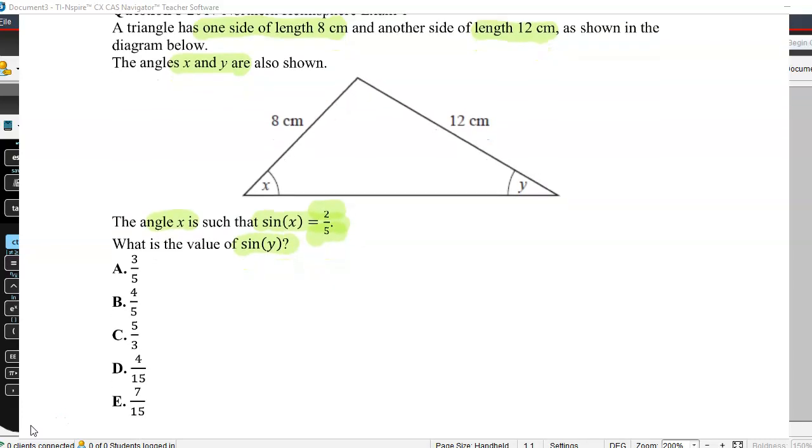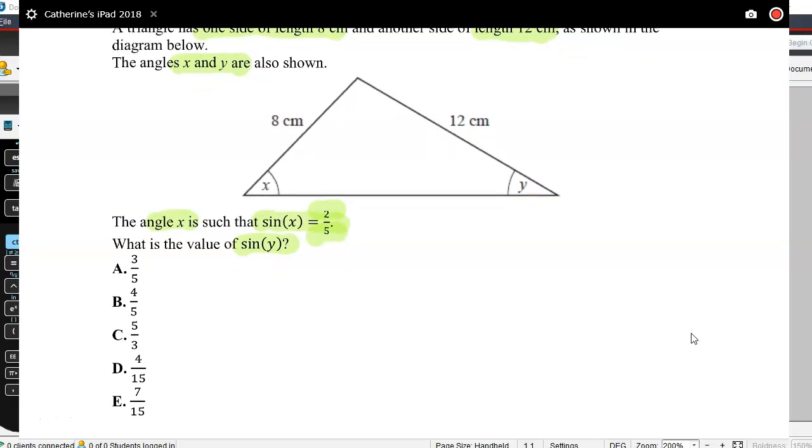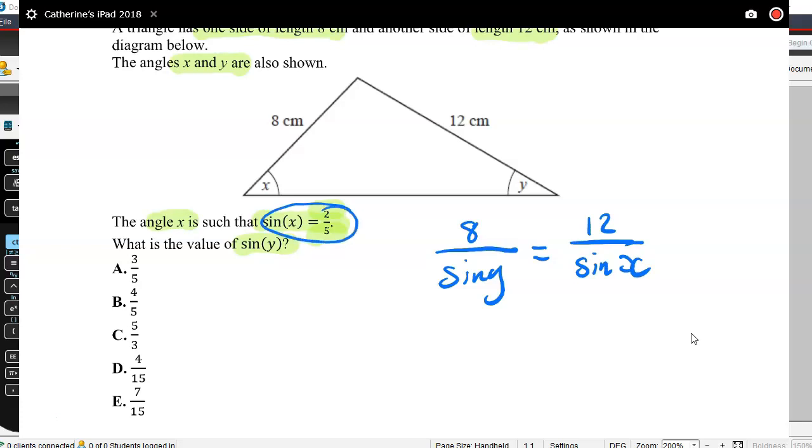Have a little think. Did you get it? Okay, so we had to think about our sine rule. 8 over sine Y equals 12 over sine X. But we get told sine X is equal to 2 over 5. So 8 over sine Y is equal to 12 over 2 on 5.